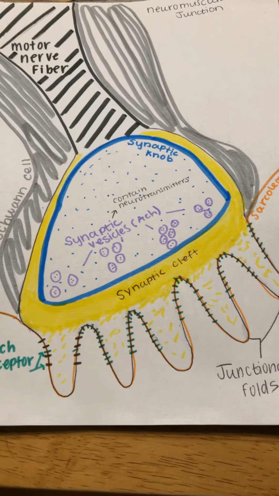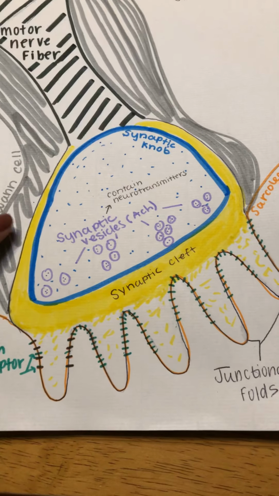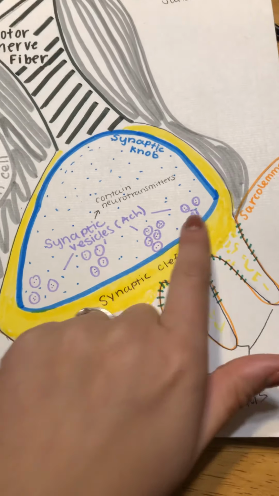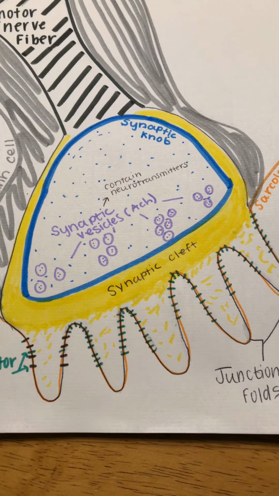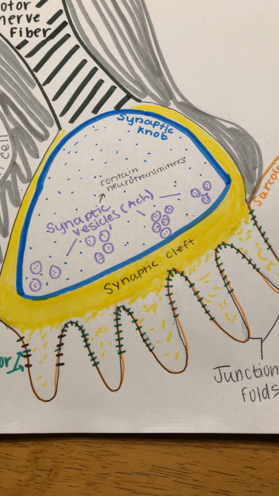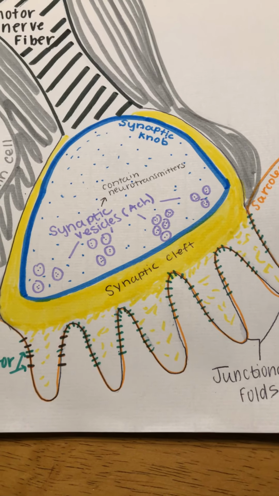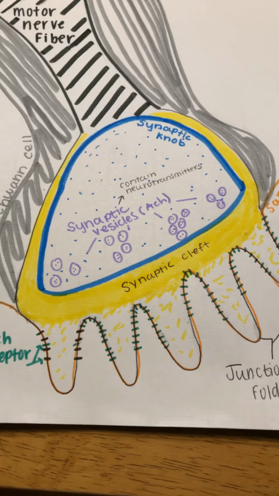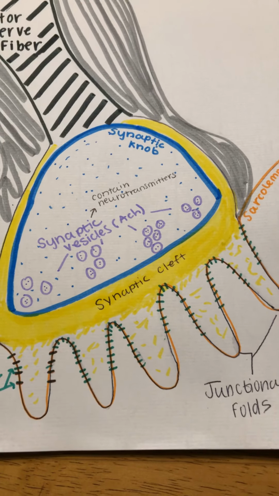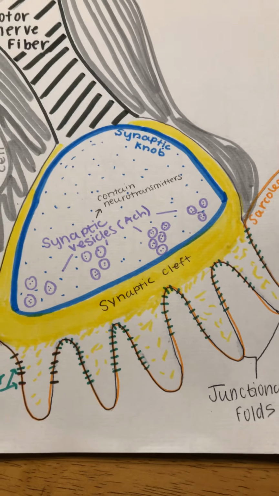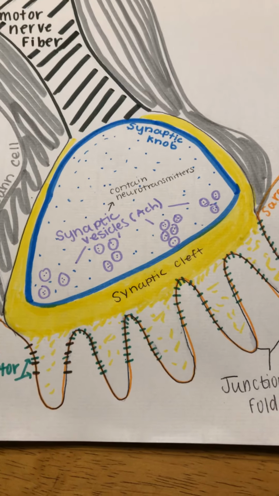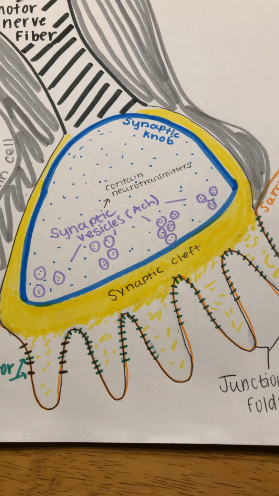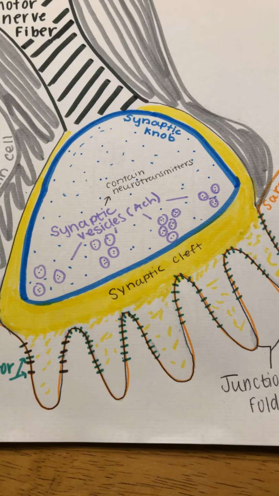So if we go back into the knob, these are the synaptic vesicles in purple, and each of these contains thousands of neurotransmitters, and they are filled with a chemical ACh, which is acetylcholine. So they release this ACh into the cleft when they undergo exocytosis.